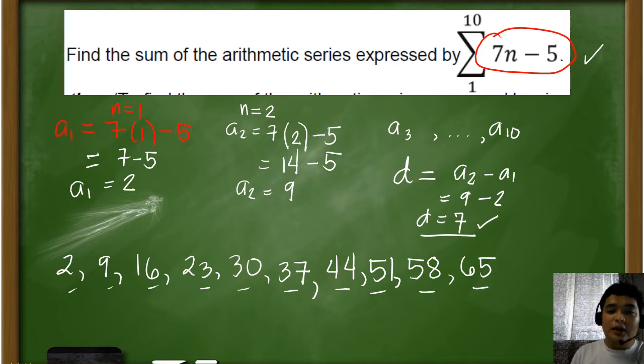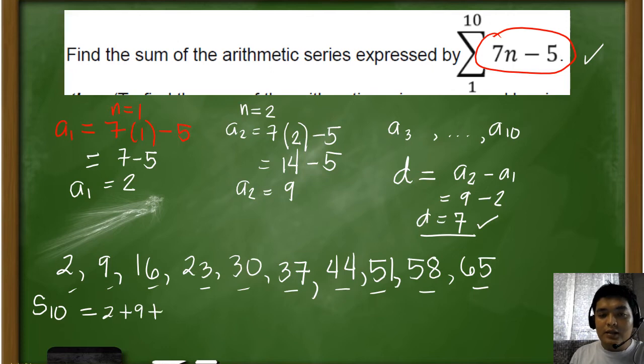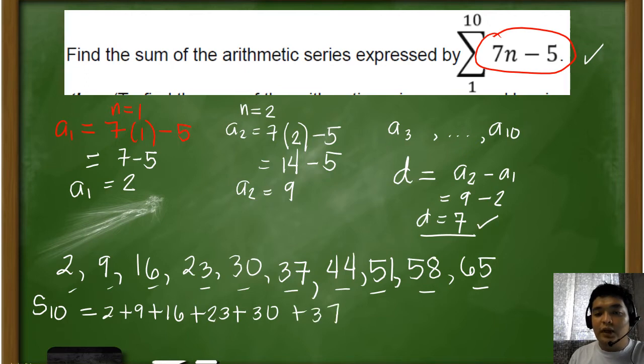To get the S sub 10, since this is our arithmetic series, S sub 10 is just 2 plus 9 plus 16 plus 23 plus 30 plus 37 plus 44 plus 51 plus 58 plus 65.